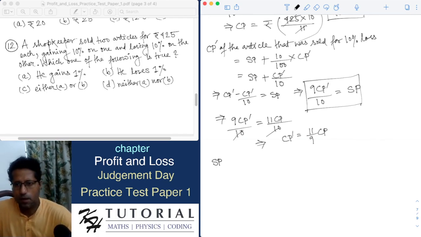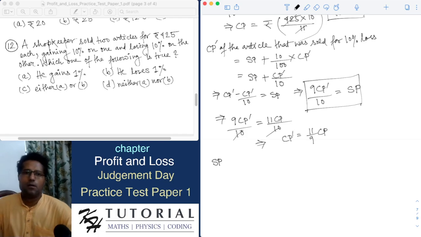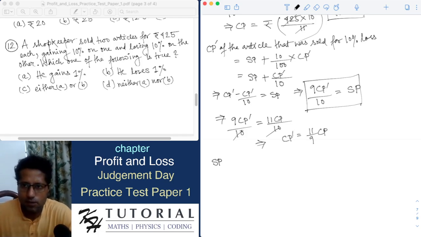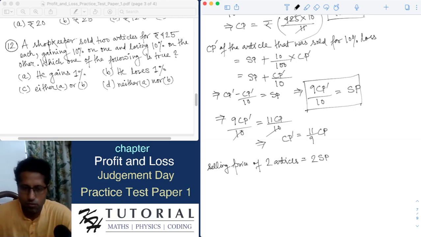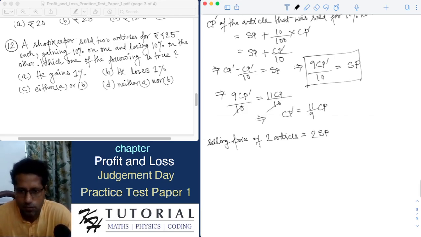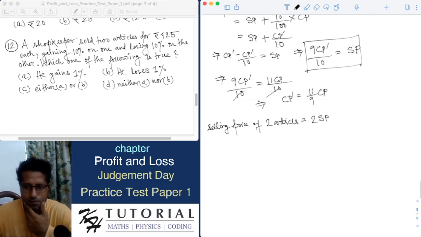So now the selling price of two articles will be equal to 2SP, because SP is the selling price of one article whose value is given as 425, but I do not think this value will be required. So the selling price of two articles is 2SP.